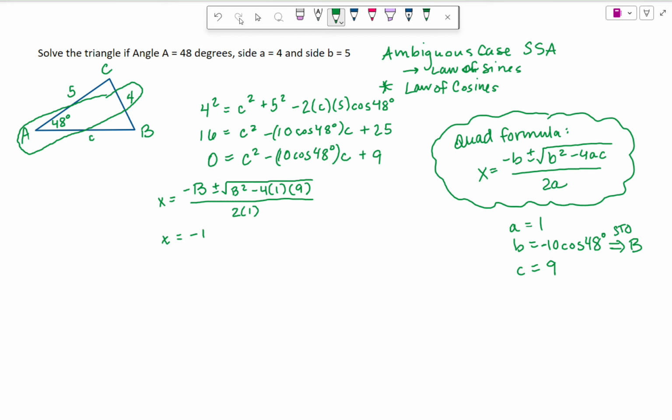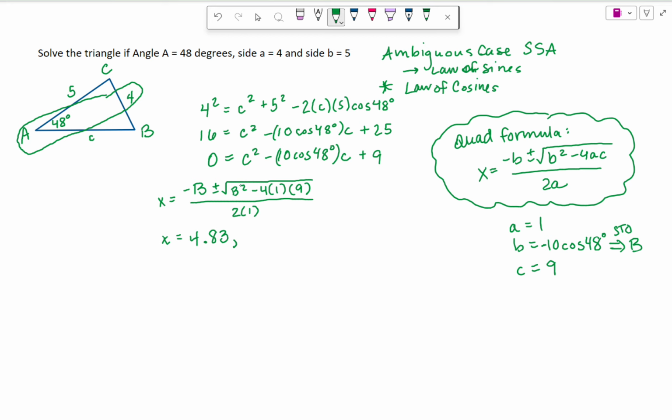So my first value I got when I did negative b and then plus the square root was 4.82666, so 4.83.